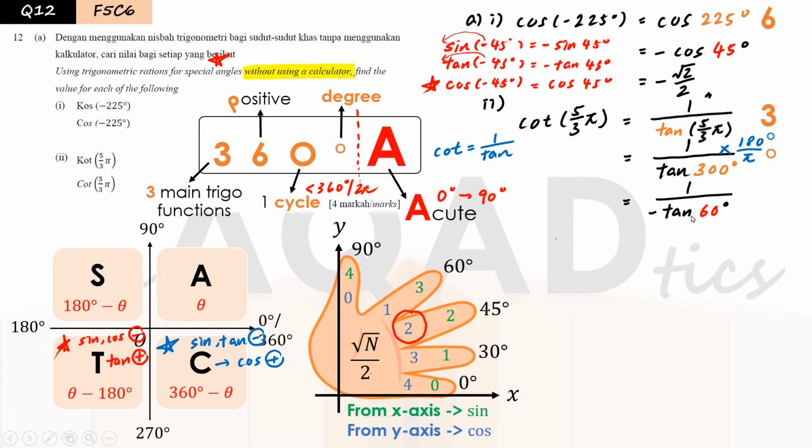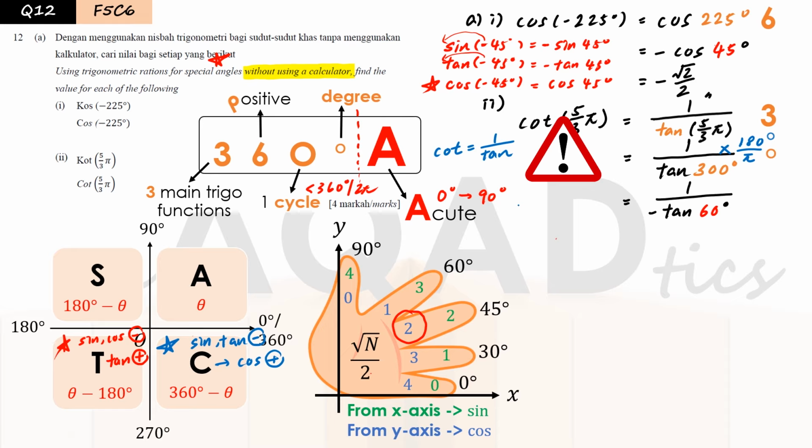So for this one, now we can find the value of tan 60. But the issue is, just now in part 1 we used the hand method, and if you see the trigo functions, we only use sine and cos. So let's transform this tan into sine and cos.